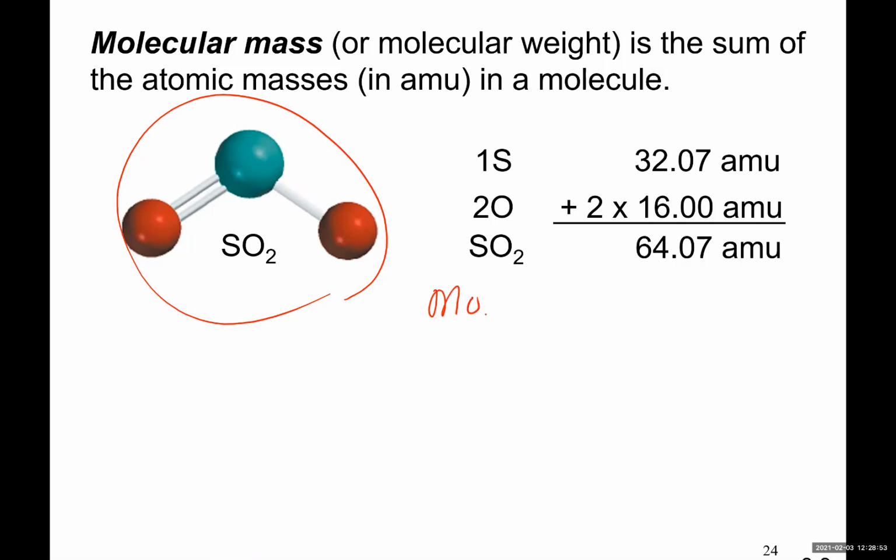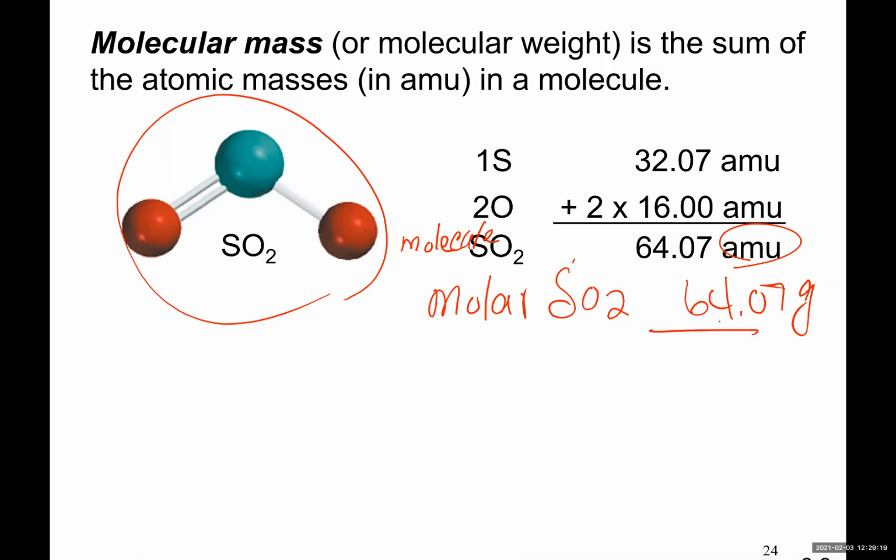What is the mass of 1 mole of sulfur dioxide? What would you say? Would you say the same number? Except in grams. This is mass of 1 molecule in AMU, mass of 1 mole of molecules in grams.